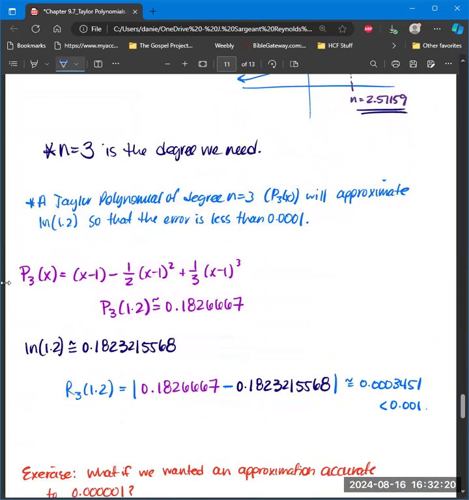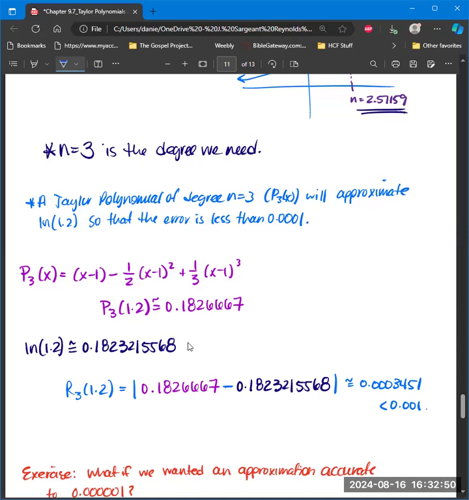So let's go ahead and write that out. It's going to be x minus 1 to the first, minus 1/2 of x minus 1 to the second, plus 1/3 of x minus 1 to the third. If I stick 1.2 in there, then I can approximate right there. Now let's find ln of 1.2 with our calculator, and let's look at the actual margin of error here, the difference, and take the absolute value.